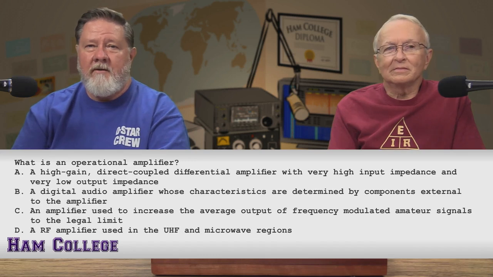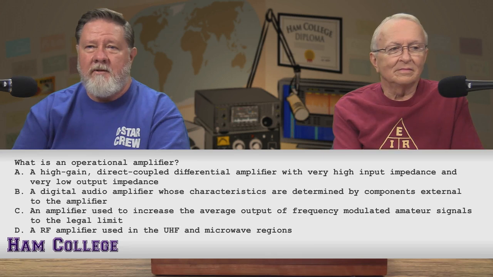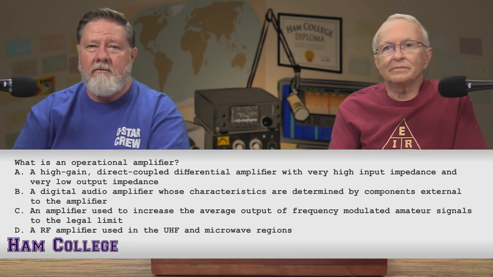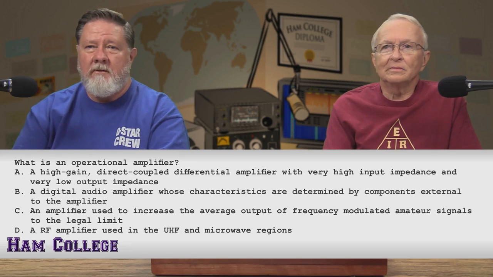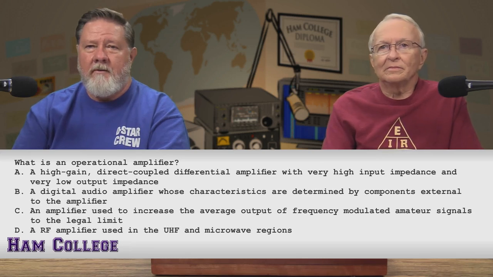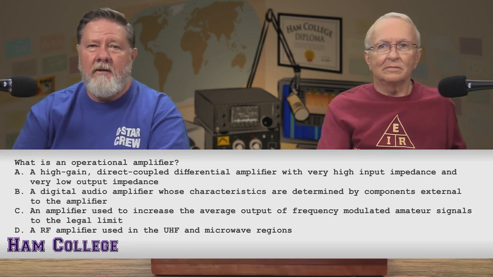C, an amplifier used to increase the average output of frequency-modulated amateur signals. No, that's not it either. B, a digital audio amplifier whose characteristics are determined by components external to the amplifier. I don't think that's it either.